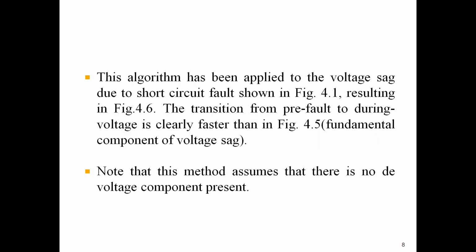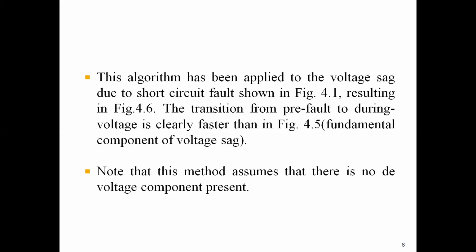This algorithm has been applied to the voltage sag due to short circuit faults, which we saw in the previous session, resulting in the next figure. The transition from pre-fault to during the fault is clearly faster when you compare.